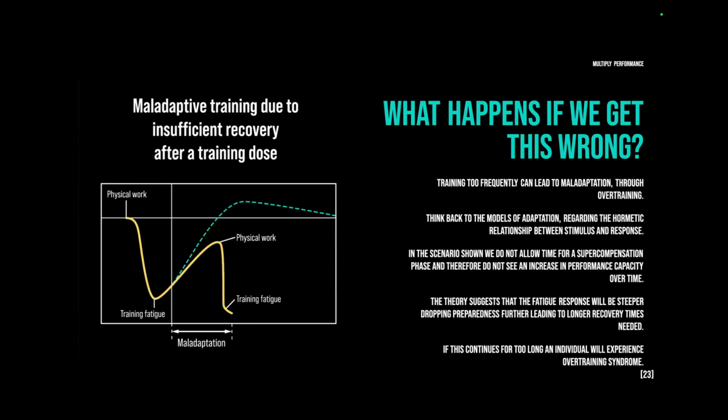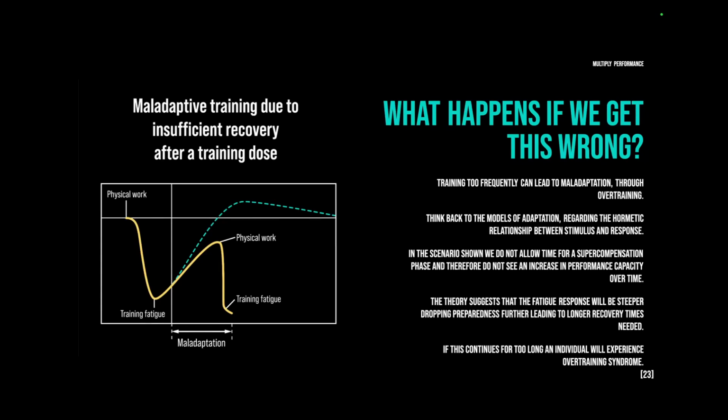So what happens if we get this wrong? If we train too frequently, we might lead to maladaptation as a result of overtraining. If we think back to the models of adaptation that we went through at the start, there's a chance that we're not giving ourselves enough time to experience that super compensation phase, and therefore we're not going to see an increase in performance capacity.